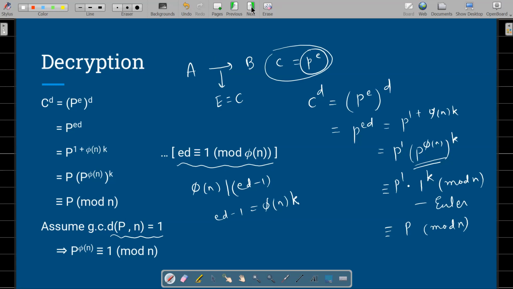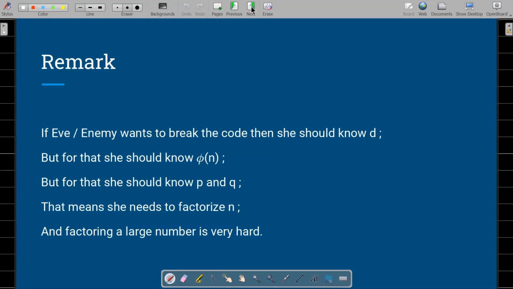So for Eve to break the code, she should know D. Once Eve knows D, she will take C raised to D modulo n, and that will give the actual answer because n is public. So n is known to everyone, and therefore essentially Eve has to find that number D.